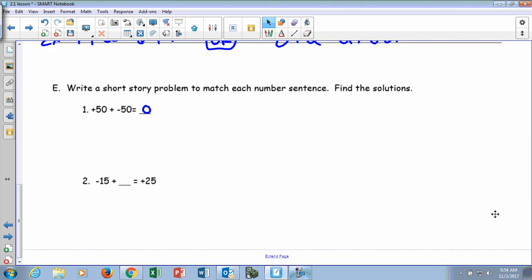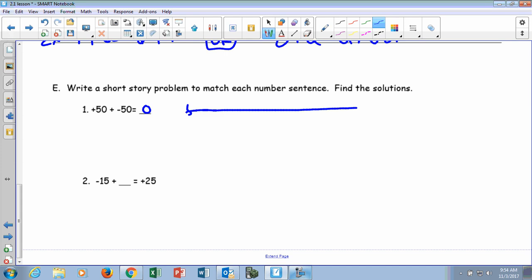All right, so again, if I show this on a number line, the first number is where we start. So we started at 50. This number here is where we move to, and then this number is where we end.